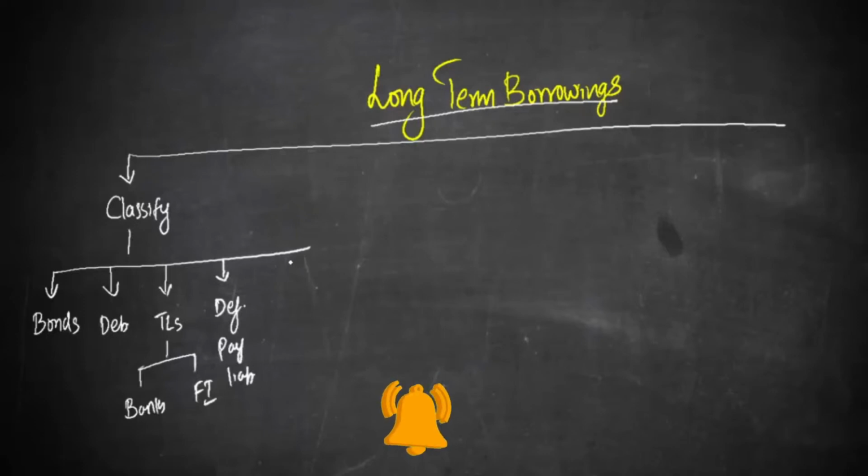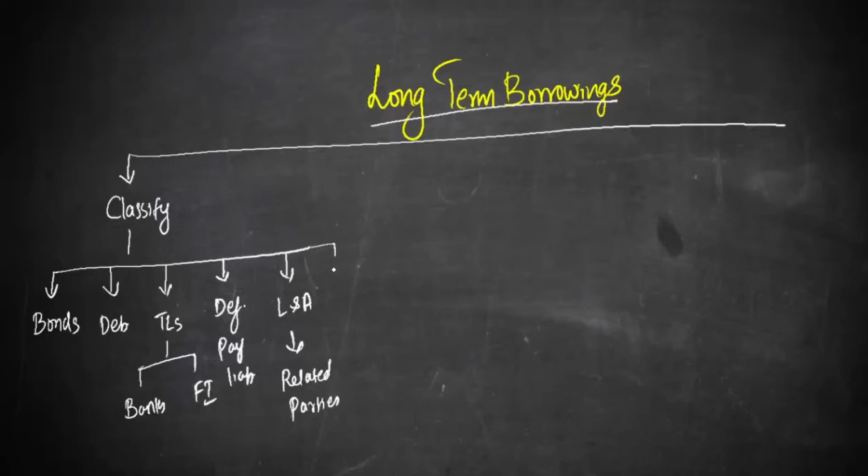Then we can also have loans and advances from related parties. Then we can also have long-term leases. So all these will come under long-term borrowings.